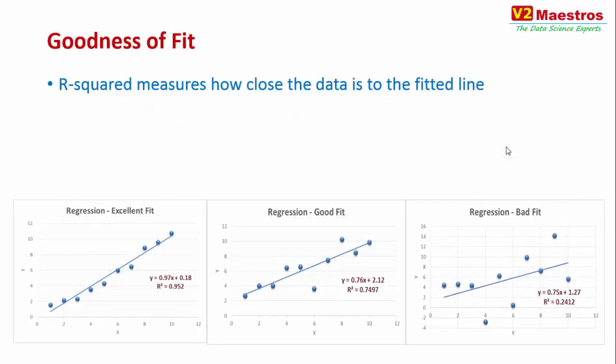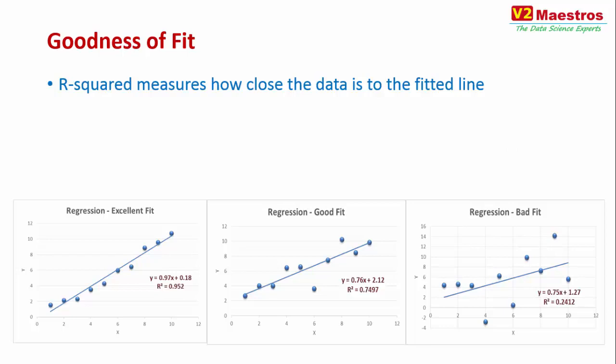Goodness of fit: how do I find if the line is a good predictor of the points? You measure something called goodness of fit, and that is a measure called R squared. R squared builds on the sum of the squares of the distances; it has its own formula that uses the residual value to find how good a fit a line is.